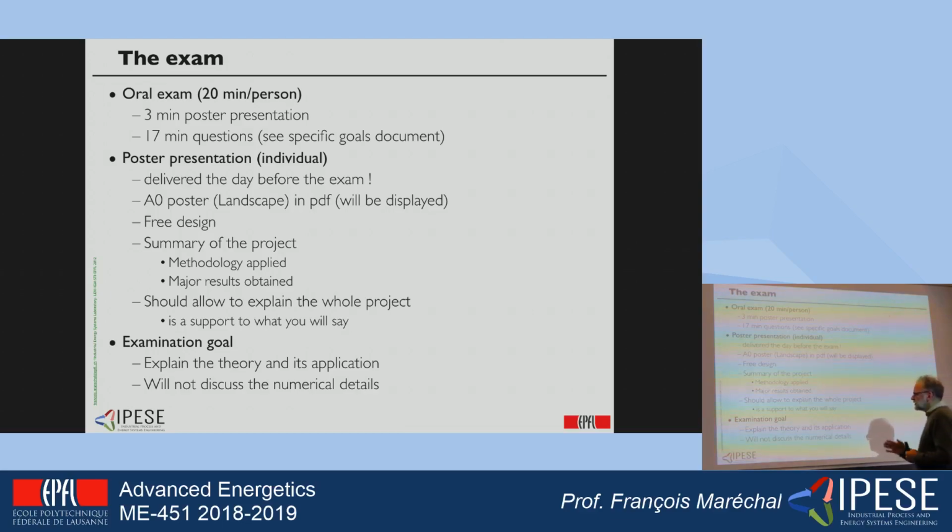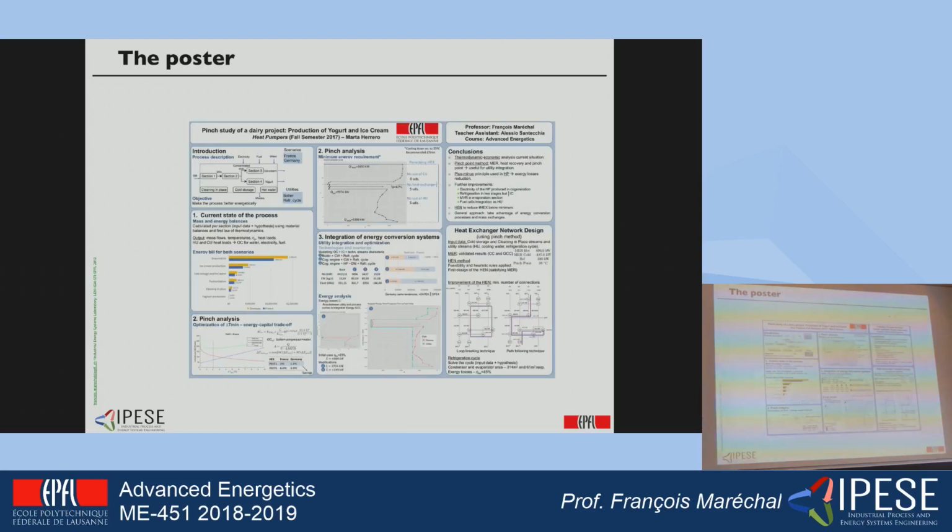So I'm not looking at the numerical details. I want to be sure that you know how to apply the theory. So it means that you will have, well, I'm just using one example of one student of last year, one kind of poster that is shown here.